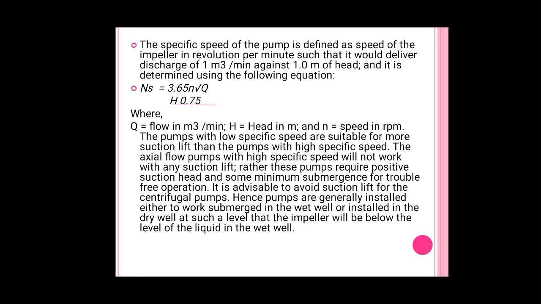It is advisable to avoid suction lift for the centrifugal pump. Hence, the pumps are generally installed either to work submerged in the wet well or installed in the dry well at such a level that the impeller will be below the level of the liquid in the wet well.